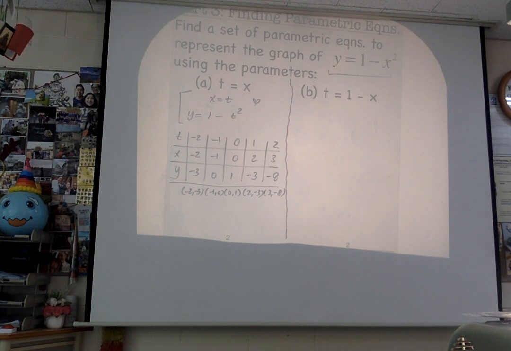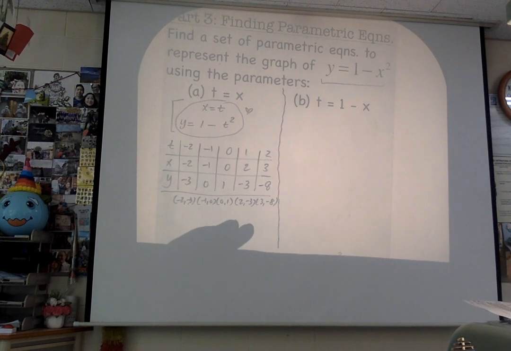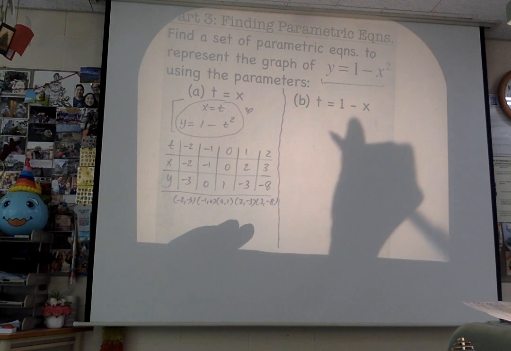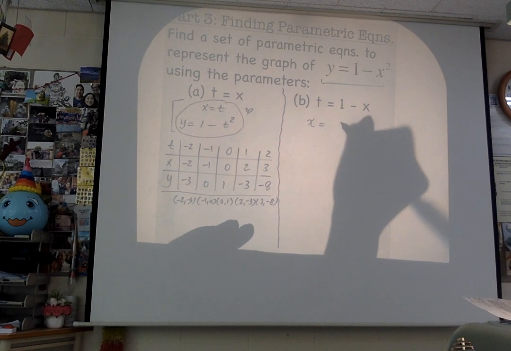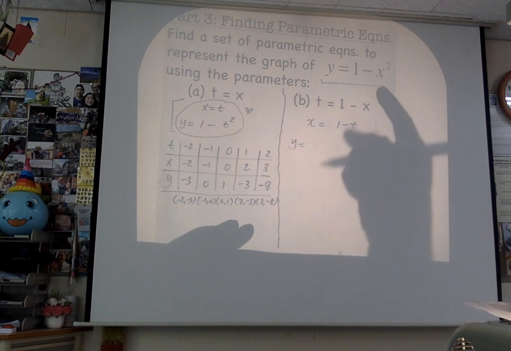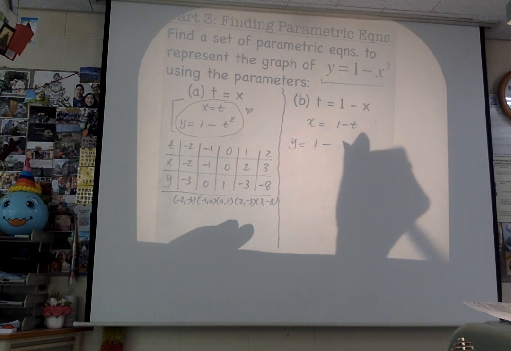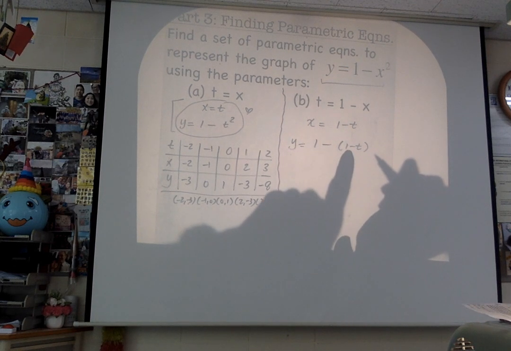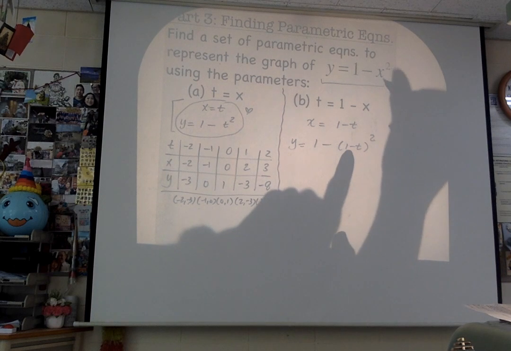All right. Okay, so I got this so far, okay? So this is my parametric. How about using t equals 1 minus x? That means, what does x equal, right? x equals 1 minus t, huh? Okay, so x is already done. Now how about y? You substitute in here 1 minus t, because now x is 1 minus t squared, right?